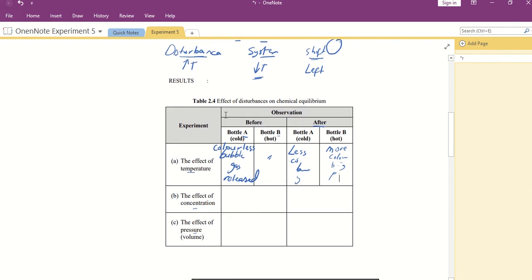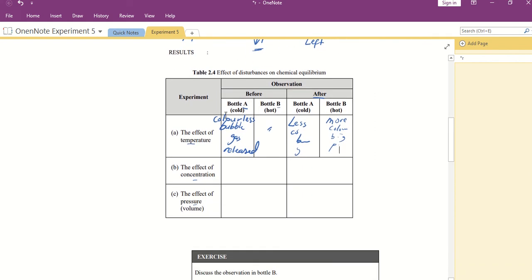For part B, the effect of concentration, we add vinegar. Before we add the vinegar, we first observe the bubble gas produced.